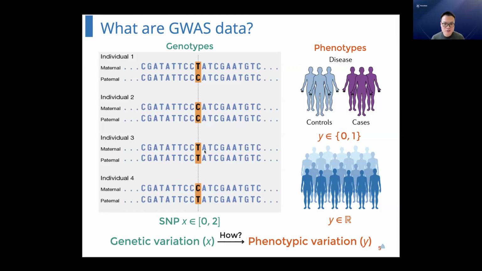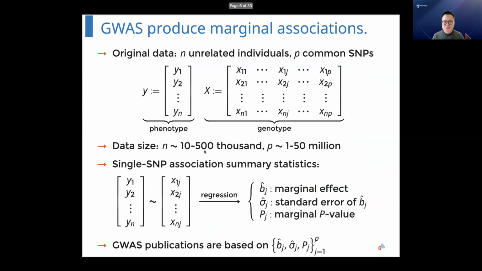Once we have this genotype and phenotype data available, the ultimate goal in GWAS is to understand how genetic variation affects phenotypic variation. So let's formalize this introduction in a mathematical language because this is where I come from.